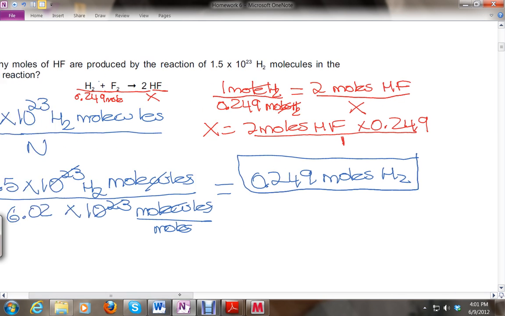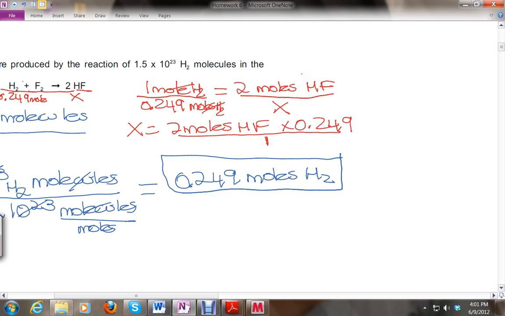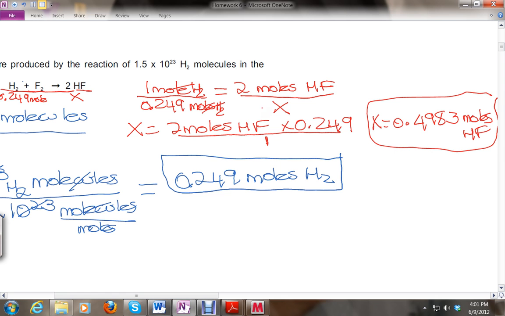So this is going to give us 0.4983 moles of HF. But now we have to take it to the right number of sig figs. And how did we start it? What is the only thing that gave us the number of molecules? And you know that the exponential doesn't count, so it's only the digit part. So it's going to be 2 sig figs.